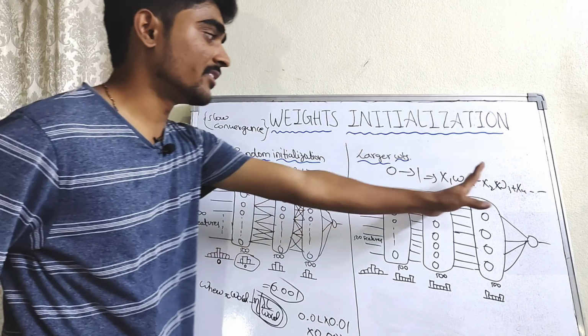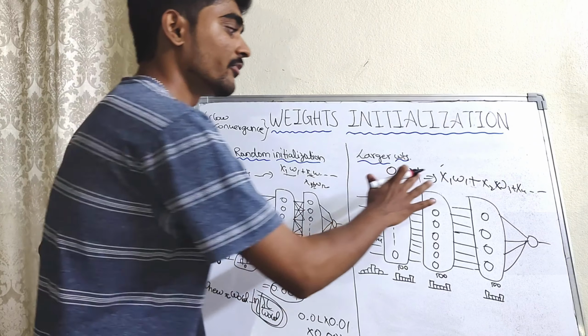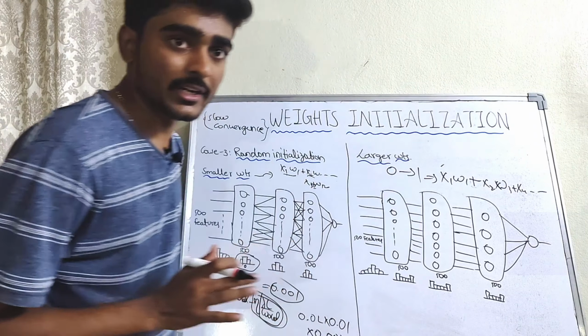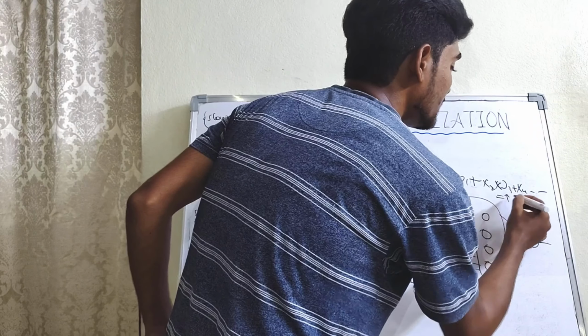Now my x1, x2, x3 are smaller values. I'll be taking the same case where x data is smaller numerical data, but my weights are larger weights. When I multiply and add this entire value, I'll be getting some larger value.